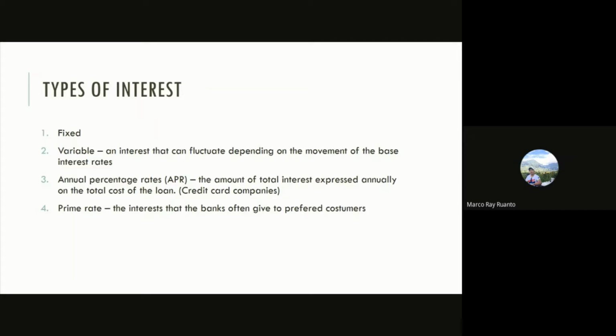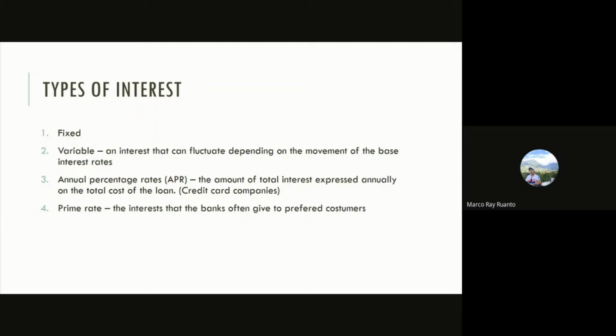Then we also have gitawag na to nga prime rates. Let us say when you are going to apply for a savings account, based sa evaluation sa kaning bangko, they will offer you what they call prime rates.